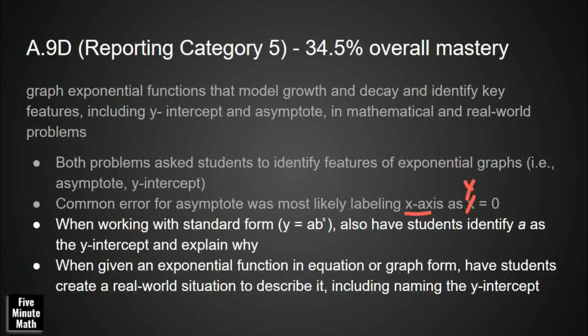So when you're working with the standard form, when we're trying to identify this, since this is the initial, right, this A is the initial right here, we also need to label it as the y-intercept. And have students explain why, because that would have helped them on that second problem. And then when given an exponential function in equation or graph form, have students create a real-world situation. Rarely do we go from this to a real-world situation.